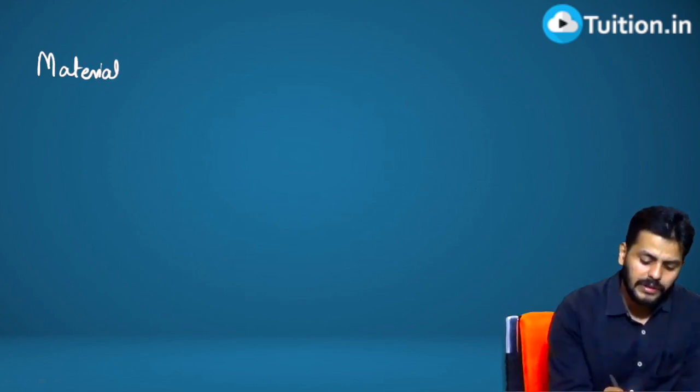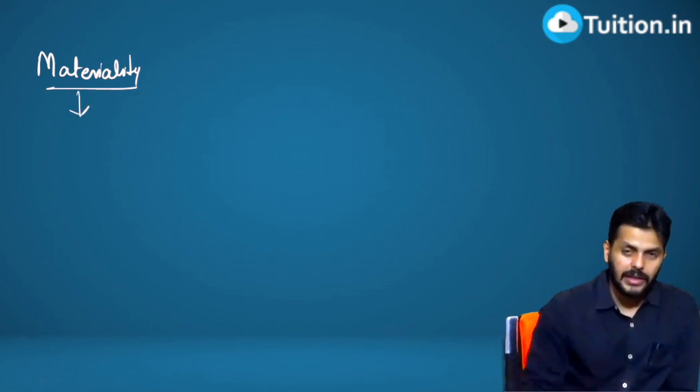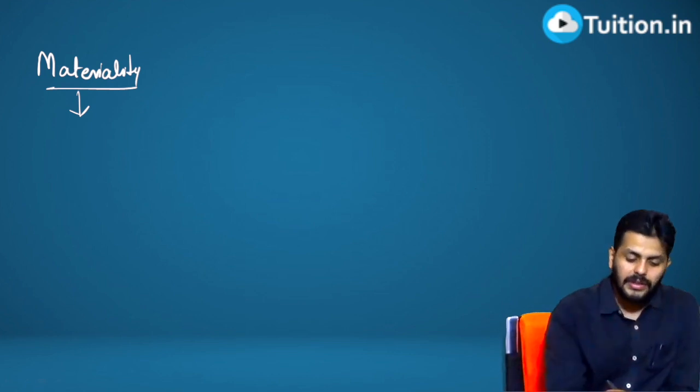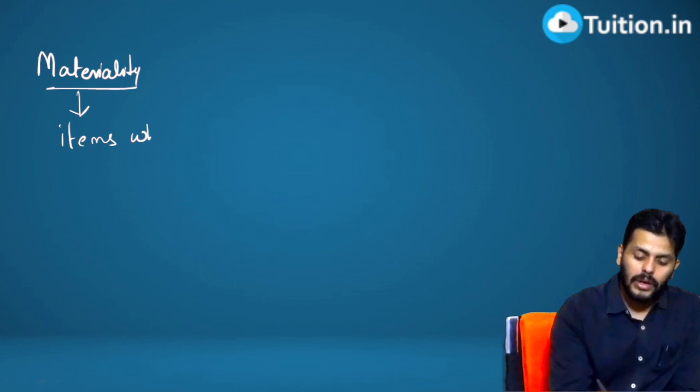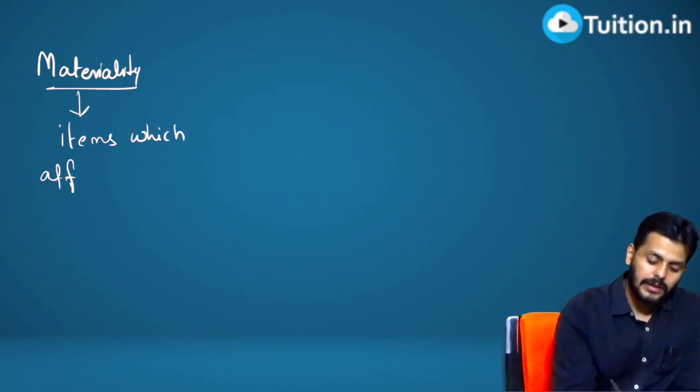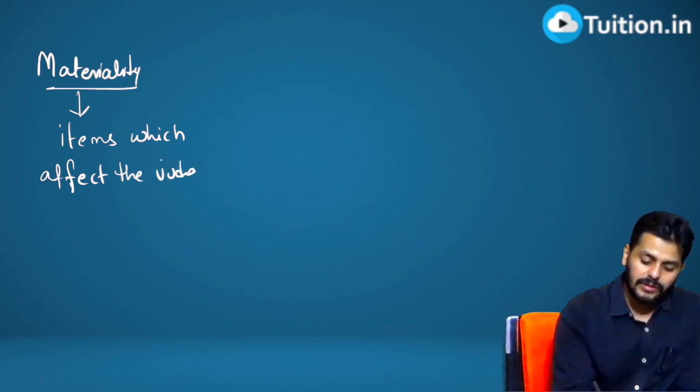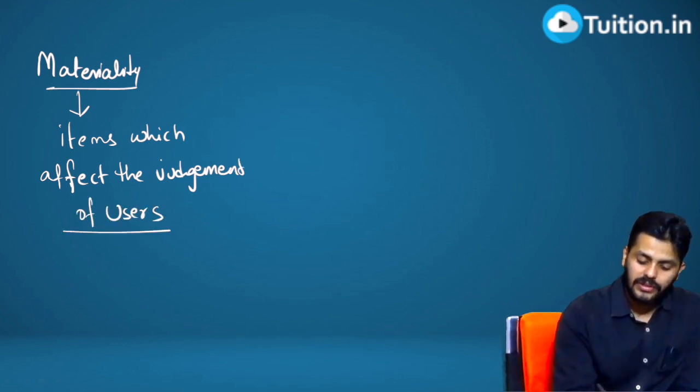So these are some very important concepts, guys. Materiality, let's deal with this, right? As a matter of fact, what items are material? Material items are those items which affect the judgment of users. Judgment of users, that's what is called material items.